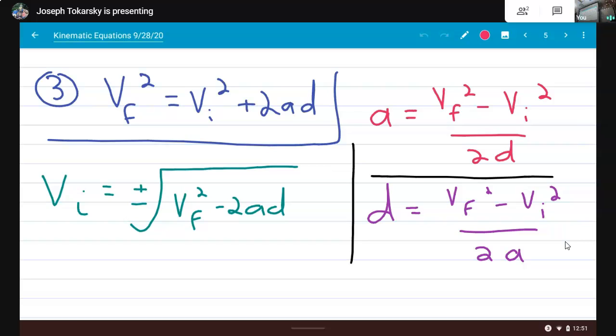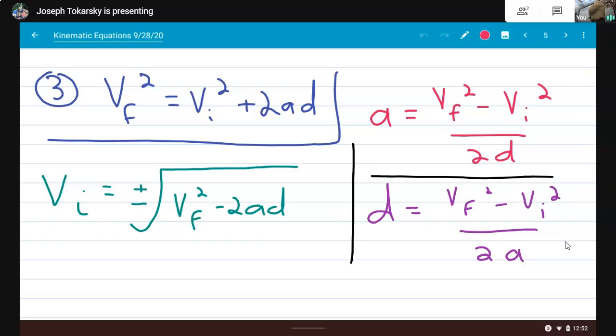Well, it depends on the context of the problem. And we didn't give you a real problem yet. Usually, trust me, don't get worried about that. It's usually pretty clear what it should be based on the context of the problem. All right? But generically speaking, when we just solve for vi and don't have a real context to put in yet, we have to leave the door open to it being positive or negative, because we had to solve by square root. But other than that, any questions about any of those rearrangements that we need to do?